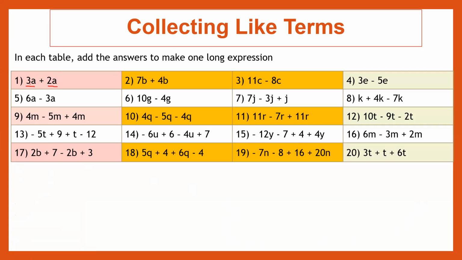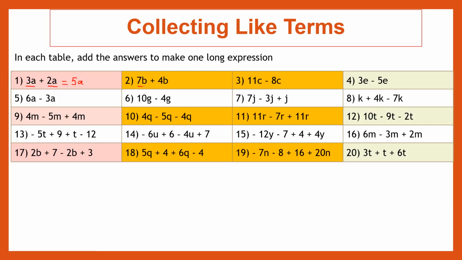It's as if I am saying 3 apples and 2 apples, because a here is the same variable. So I'm multiplying 3 by a, and I'm multiplying 2 by a. This is the same variable. Accordingly, they are like terms. So I'm going to simply add: 3a plus 2a is equal to 5a.